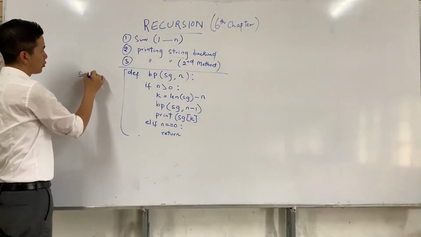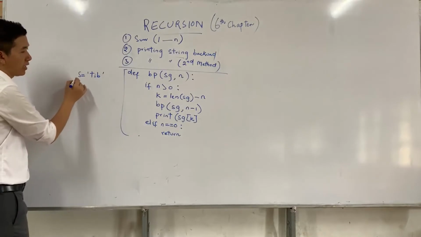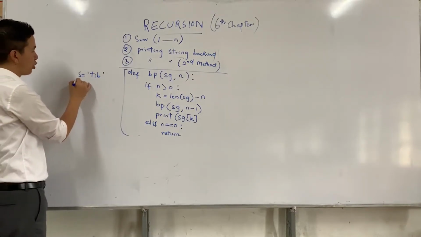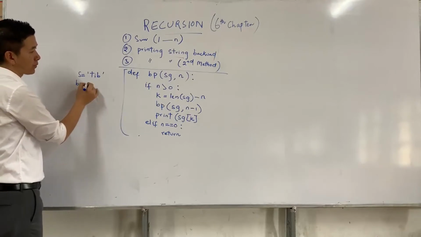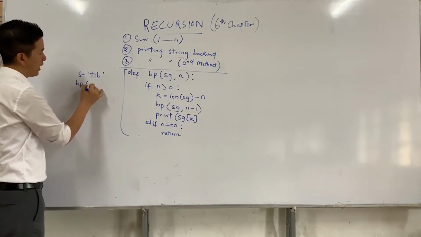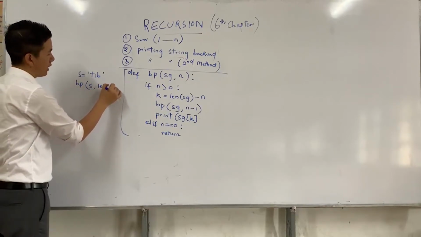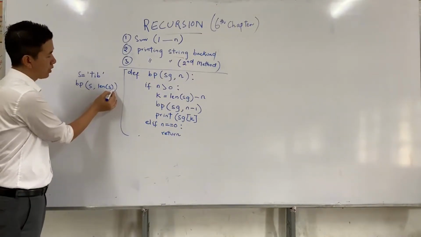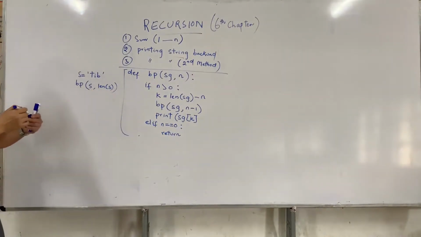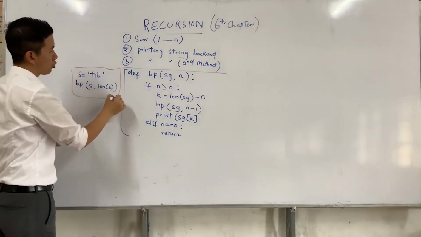S is equal to TIP, only 3 characters, and then the function call will be BP, and then you will have S, length of S. Okay, so this time I'll not have the minus 1 because the program is a little different, even though both programs do the same thing. So this will be the function call.